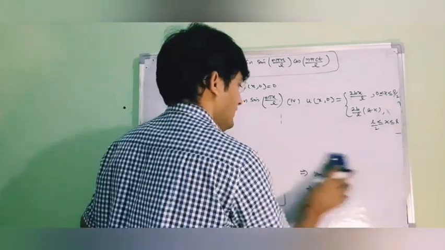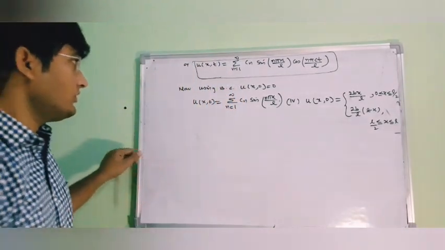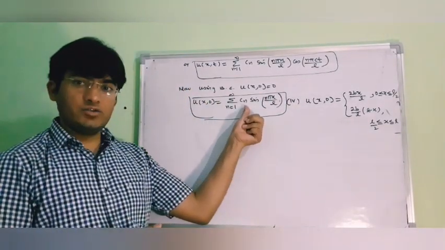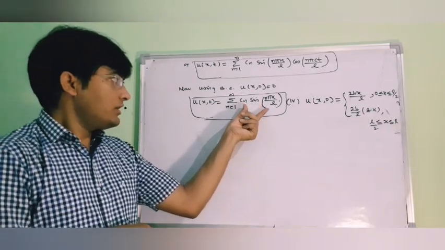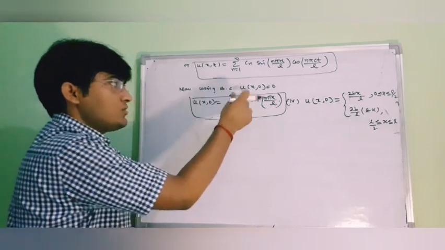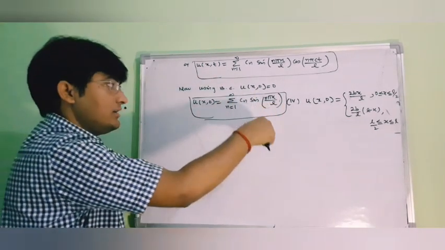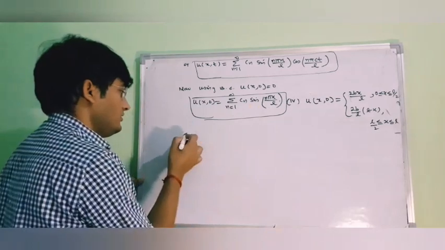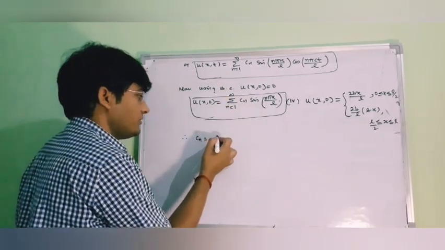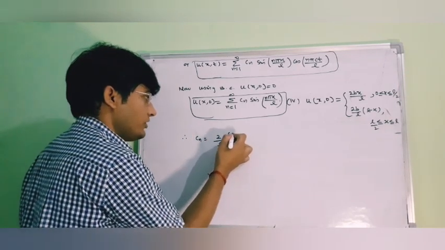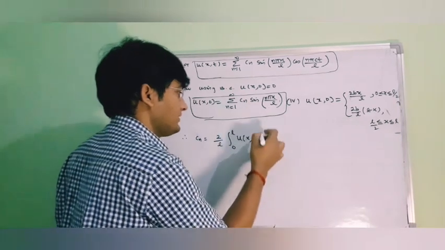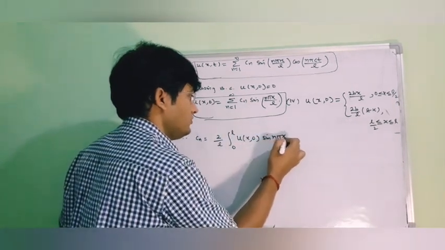Now here we can see that the right hand side is a half range sine series. Now if this is a half range sine series, then f(x) equal to summation n equal to 1 to infinity cn sin n pi x upon l. So the Fourier coefficient cn will be 2 upon l, integral 0 to l, f(x) means u(x,0) into sin n pi x upon l into dx.